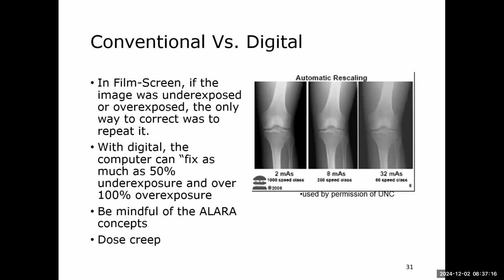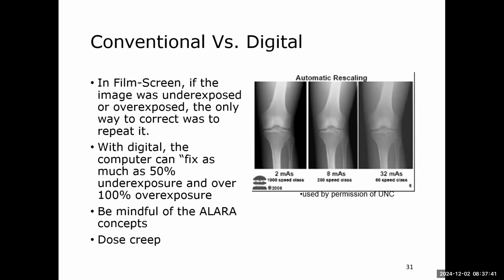I don't want it to be underexposed, so I'm going to go ahead and use 5 this time. And over time, doses can continue to creep up and creep up because we don't want noise in the image, right? We can see that the computer can't fix as much underexposure as it can over. So doses tend to creep up if we're not paying attention to those numbers.